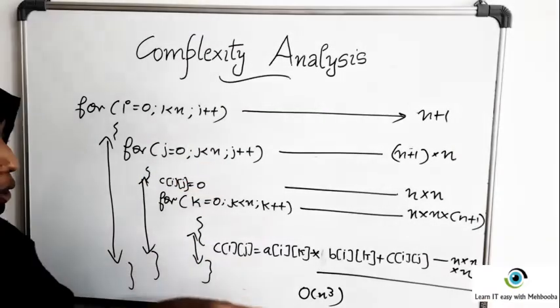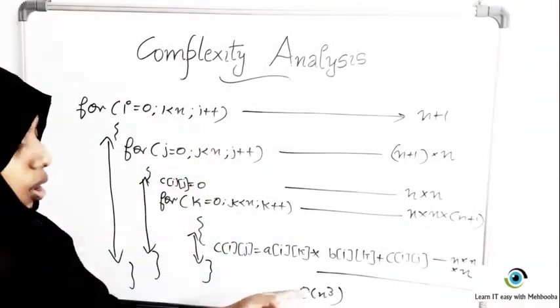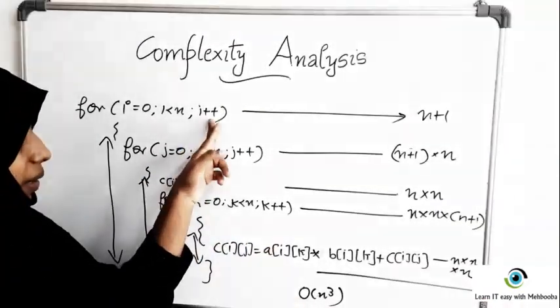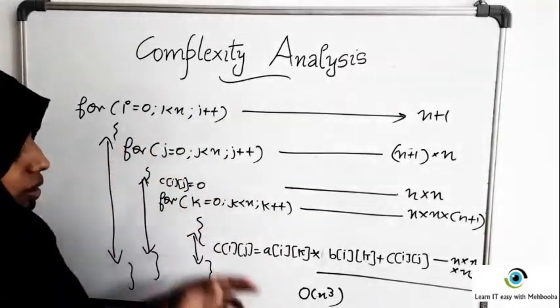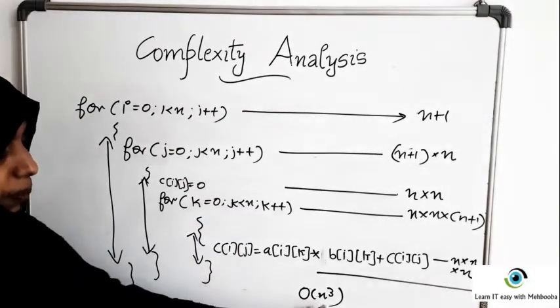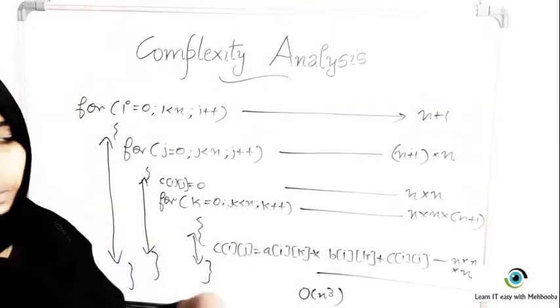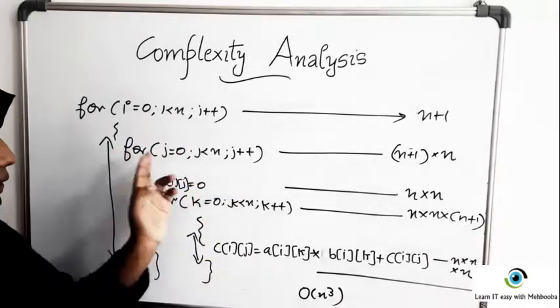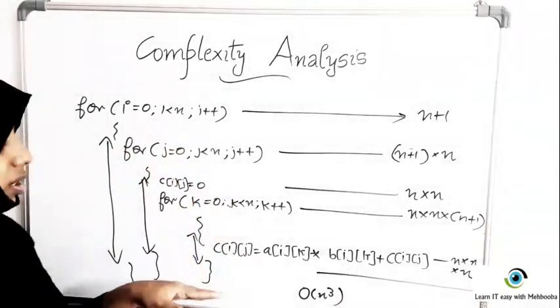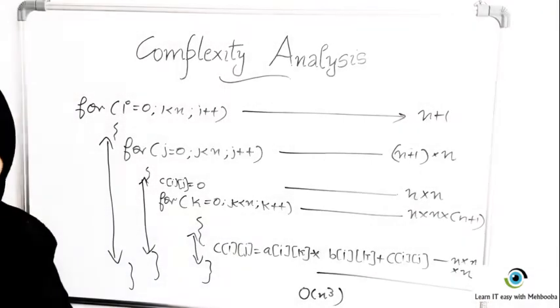If there are 3 for loops, the complexity that you got is order of n cube. That is, if this incrementation is linear, that is incrementing by 1, you can simply write this complexity down without doing much mathematics. That is, if 1 for loop, order of n, if 2 for loops, order of n square, and 3 nested for loops, order of n cube. Okay.